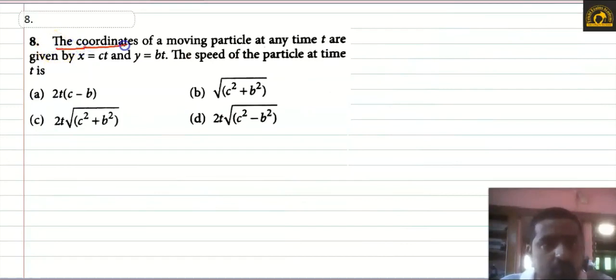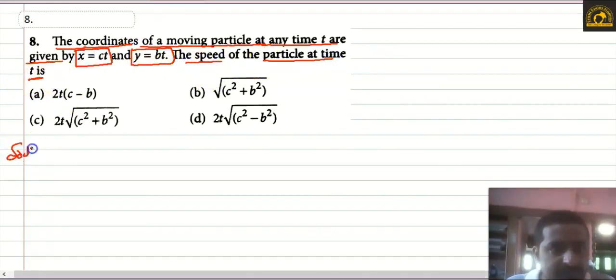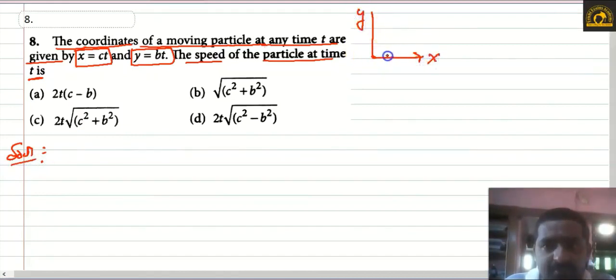The coordinates of a moving particle at any instant t are given: x is equal to this much and y is equal to this much. Find the speed of the particle at any time t. Coordinates mean the particle is moving along the x-axis as well as the y-axis. So x is equal to ct.